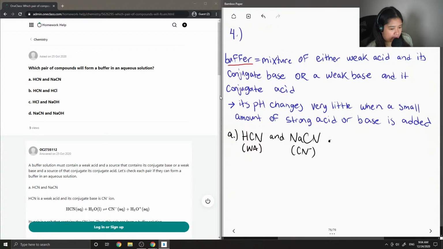So therefore, this will form a buffer solution. For B, we have HCN again, which is a weak acid, and HCl, which is a strong acid. So mixing the two acids together will not make a buffer solution.